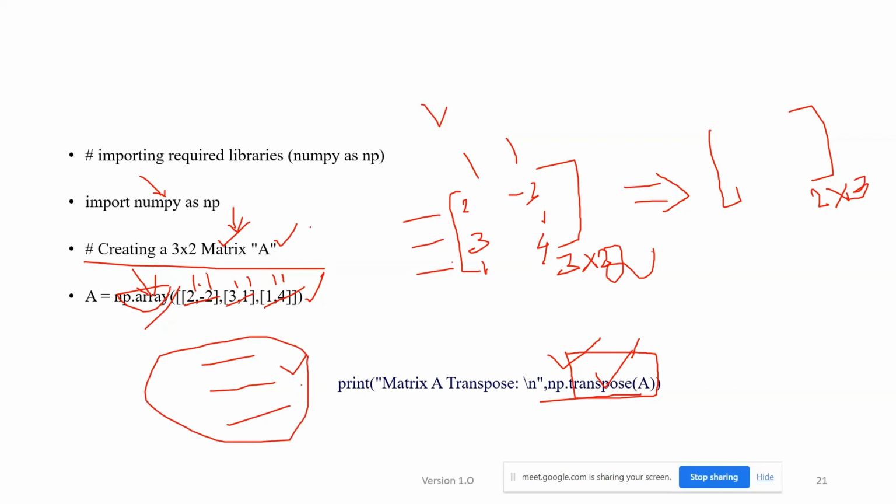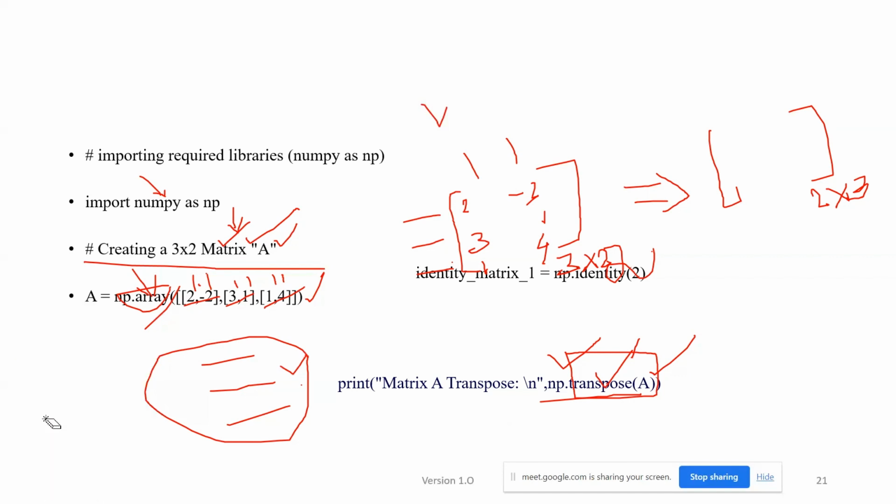In a matrix, we do several operations. In the last class, we studied many operations on a matrix. Transpose of a matrix is one of the major operations, and this is the function to perform it. Like that, we have addition and multiplication, which we will do later.